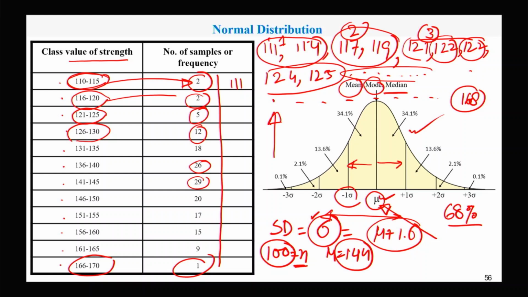And if we calculate the standard deviation using the standard formula, suppose the standard deviation we have got is say 5, or 10. Suppose we get a standard deviation of 10.